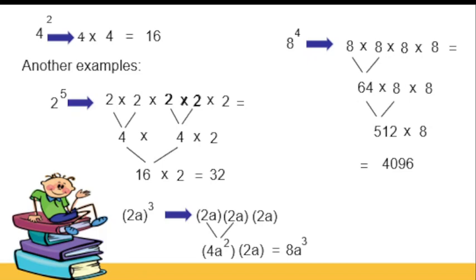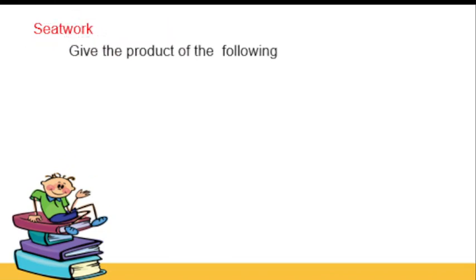Okay. So this time, let me ask you to solve the following numbers. Give the product of the following. Of course, you have to show the expanded form and then the value or the product. Okay, so you have 3 raised to the 4th power. Next, you have 5 raised to the 3rd power.